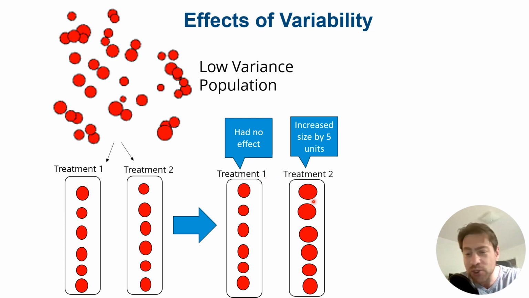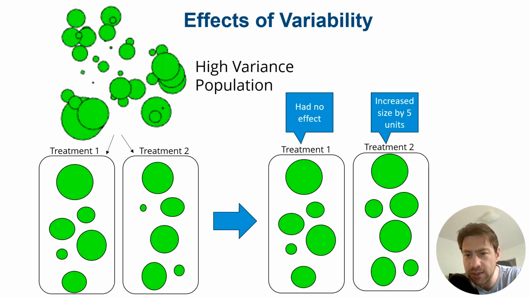The dots in treatment 2 are larger compared to the dots in treatment 1. And one of the reasons that you can see this difference, the effect of your treatment, is because the variance in this data set, in this population, is low relative to the effects of your treatment. And that allows you to see the effects of that treatment.